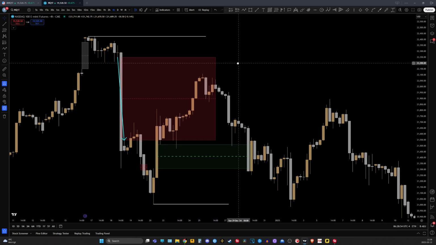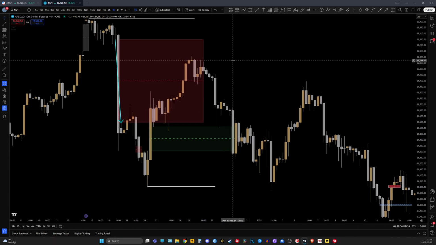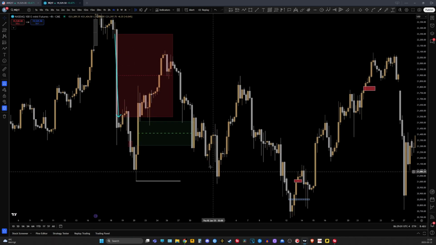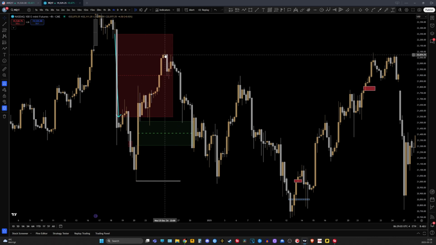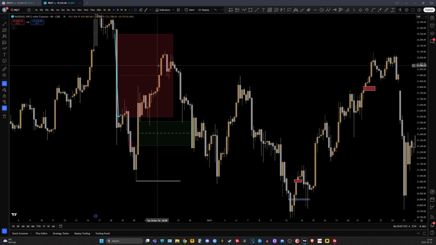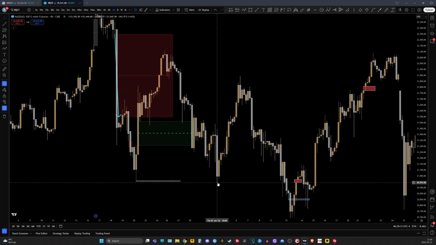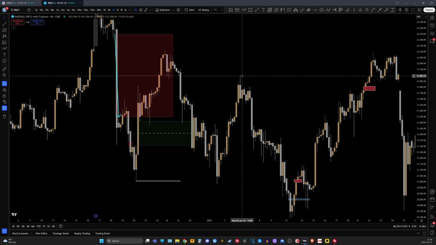So sometimes what we'll get is, for example, over here, we could say that price has moved from internal range liquidity, so this internal fair value gap, it's come down, it's seeking external range liquidity below these old lows, and then it's coming back up to seek liquidity again within, say, this fair value gap here.